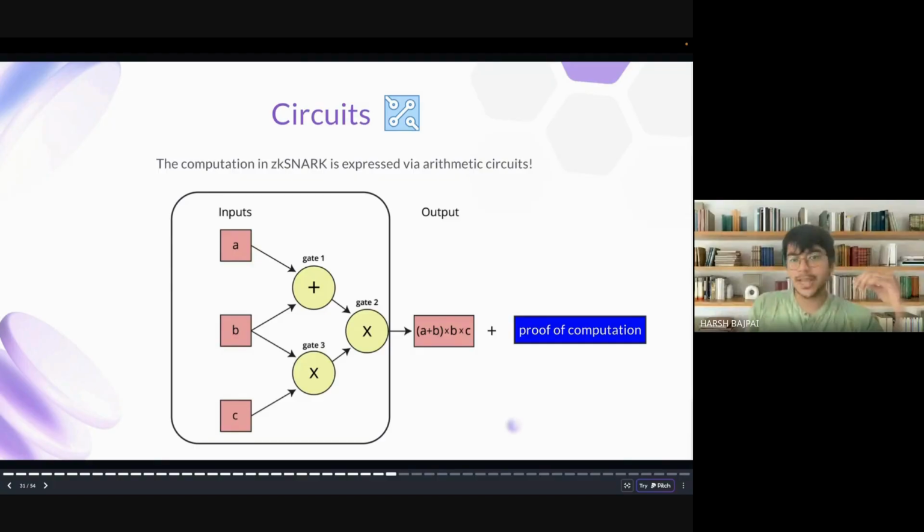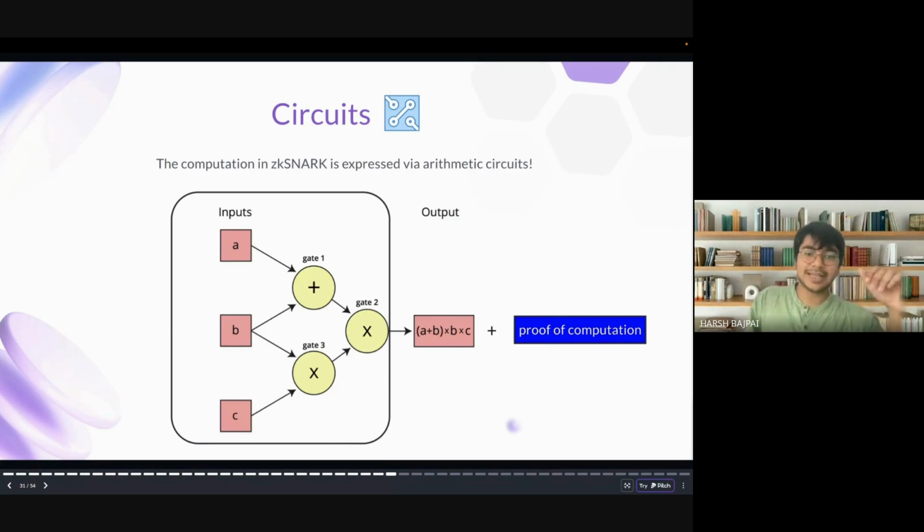The way you do it is that you express these computations in arithmetic circuits, where you have gates that do some sort of operation, let's say addition or multiplication, and you have inputs flowing through them. It's basically like a real circuit, but a virtual version of it, where when you execute this, apart from just coming to some output, you can also create a proof of computation.